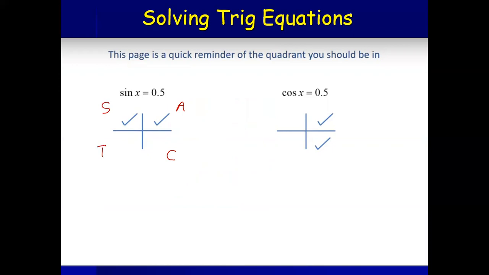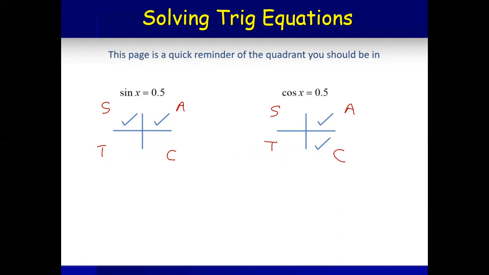All positive, sine positive. I know that my answers have got to be between 0 and 180. Okay, if I get cos positive, CAST again, you start bottom right, and then you go up that way, positive here and positive here for cos. So the two answers are going to be here.